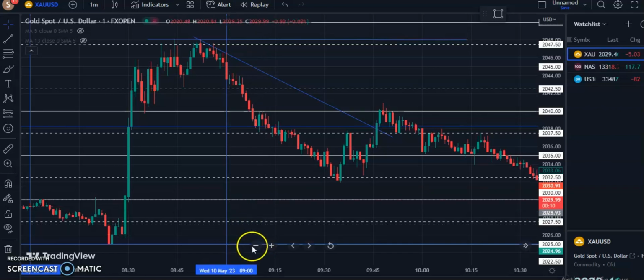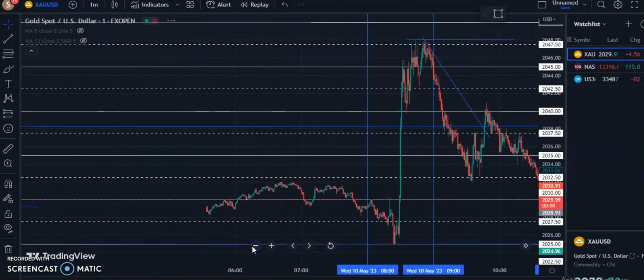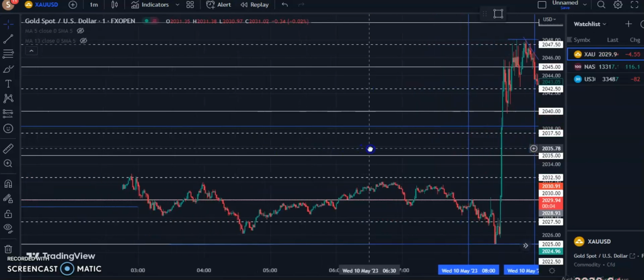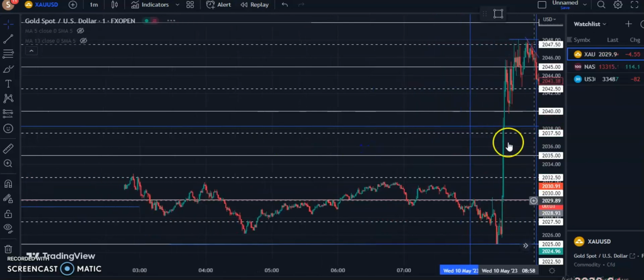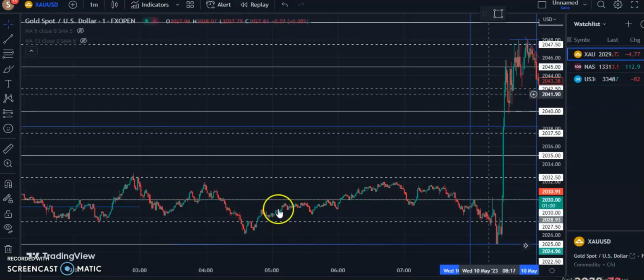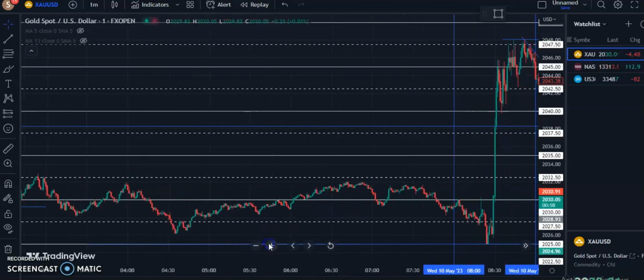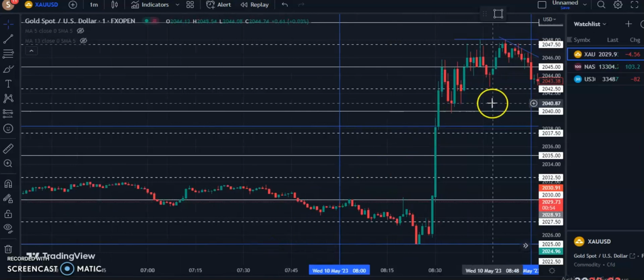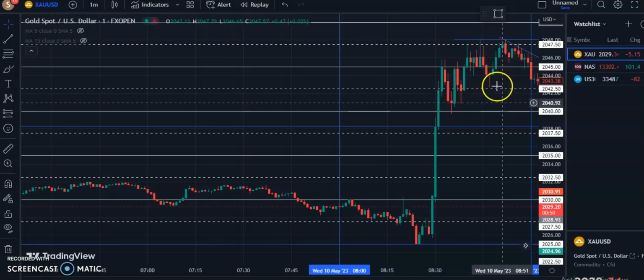Now, on the 1 minute time frame, this is what happened. We have our first hour evolving, giving us this pump to the high. Now, if you're like me and you came in the second hour, then you probably missed the first opportunity to enter this trade.